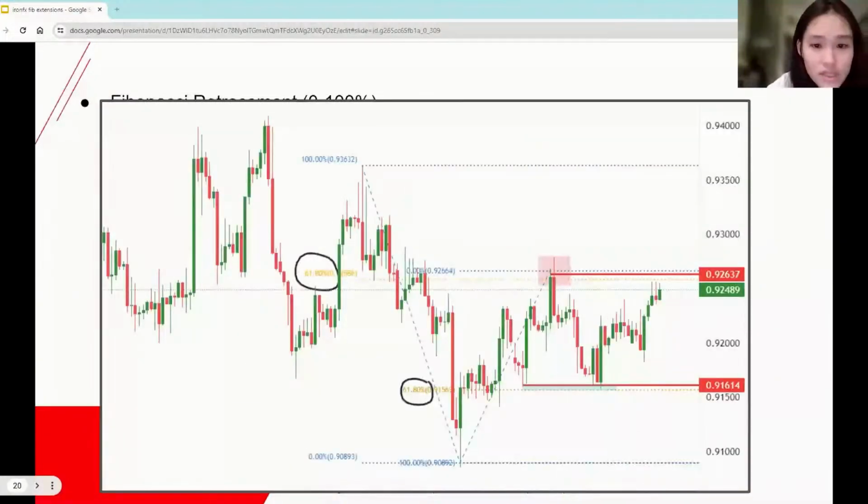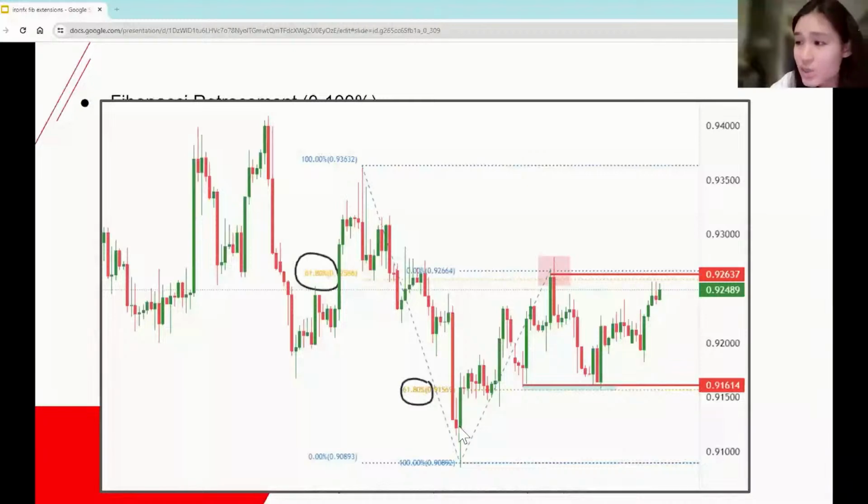Another example here. We have two Fibonacci retracements. The first one is from the top to the bottom over here, and we have 61.8% that lines up with the 0.92637 level.